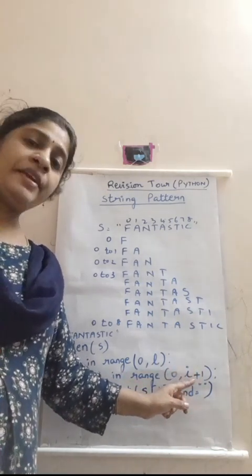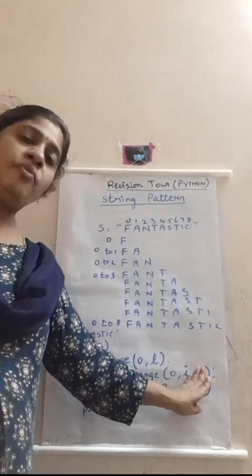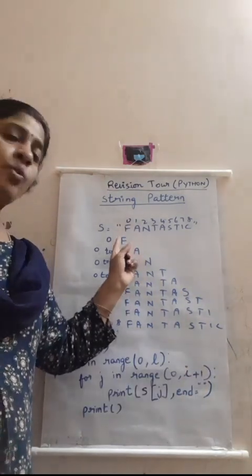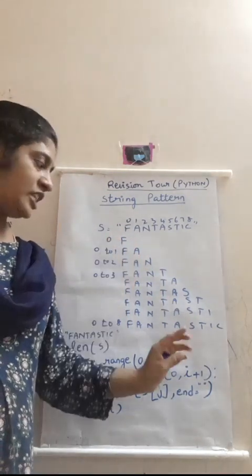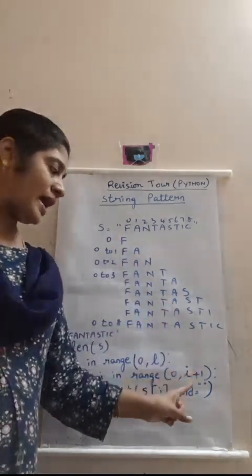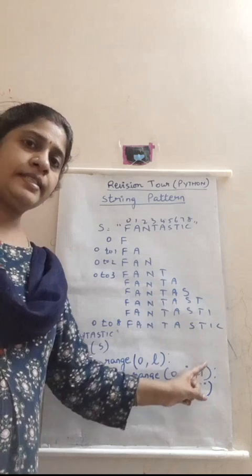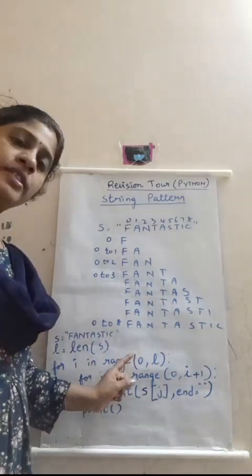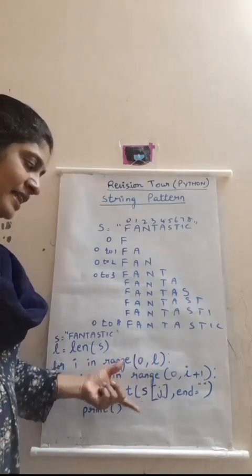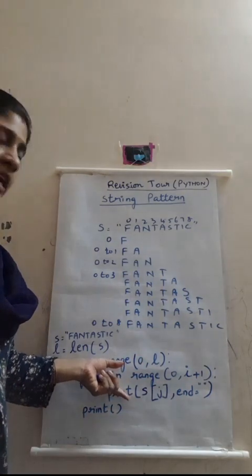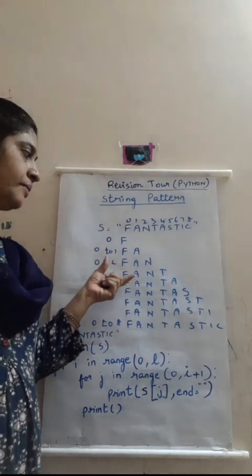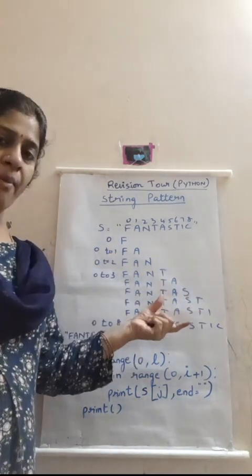If I don't write plus 1 here, the loop won't execute at all, and you won't get the value f. So in order to consider 0, I have written I plus 1. The loop will run 0 to L number of times, and the internal loop is for displaying the string in the pyramid format.